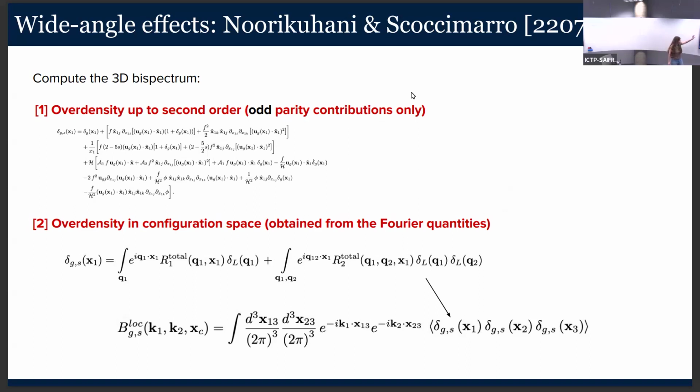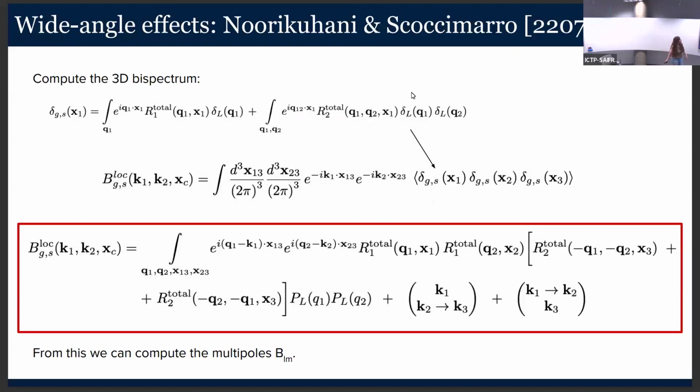If you redo exactly the same steps, you go to second order, you look at your overdensity of galaxies, and you want to calculate delta of K1, delta of K2, and delta of K3 without assuming the plane parallel. You do that expansion, and you end up with your three-dimensional local bispectrum, which in the end you want to integrate over all the lines of sight in your survey.